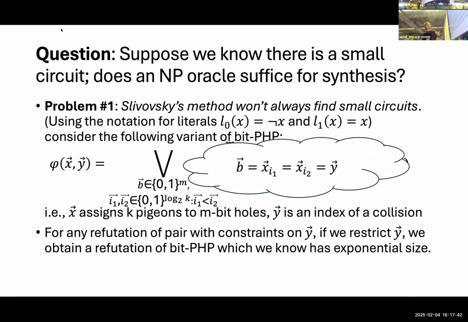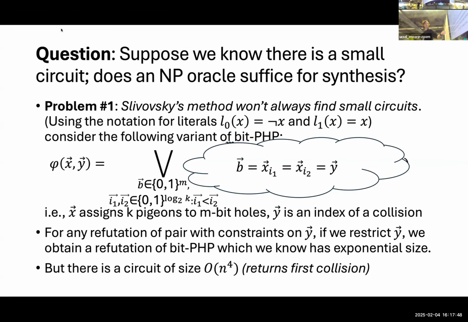And so therefore, Slavoski's method gives me an exponential size circuit for this formula. It has to, but there's a polynomial size circuit that just returns the first collision. Okay, so even though there's a small circuit witnessing this formula, the interpolation-based method won't find it for me.